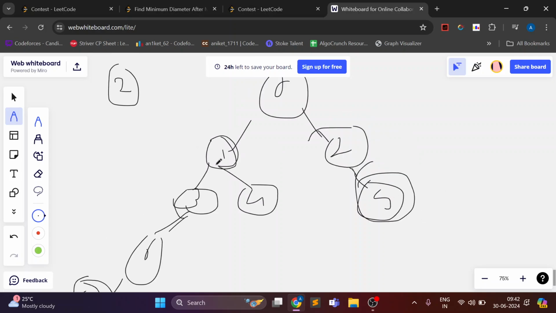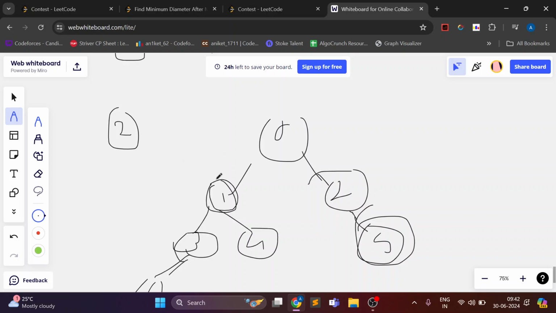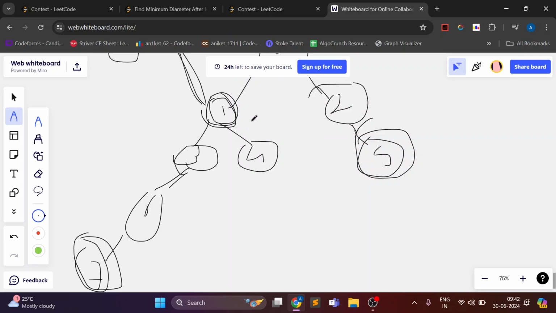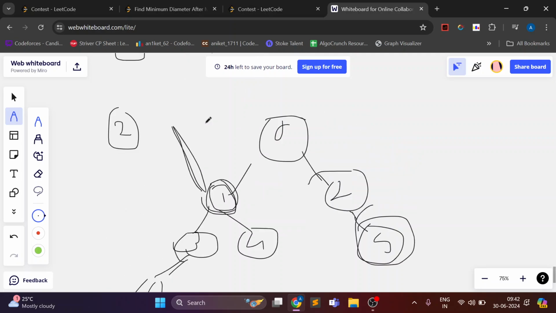Now let's say I connect a new tree at node 1. What would be the diameter of the resulting tree? It would be the distance of 1 from 7 plus the distance of any node in that second tree.